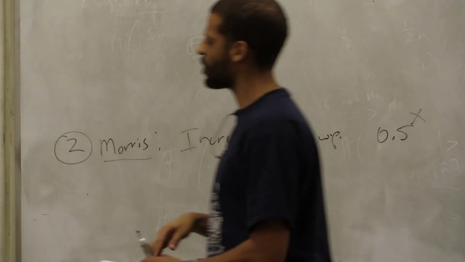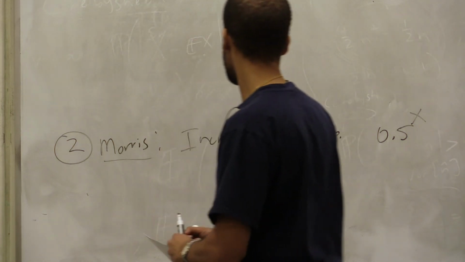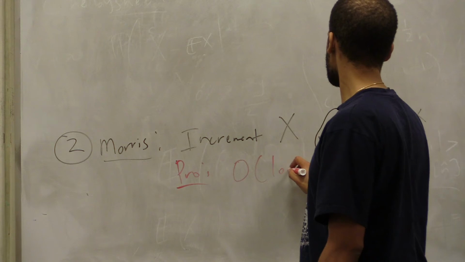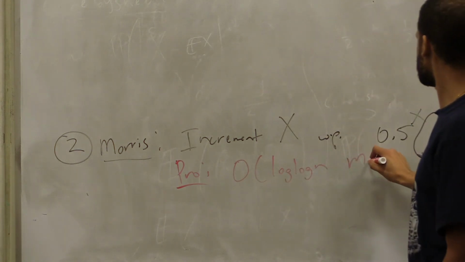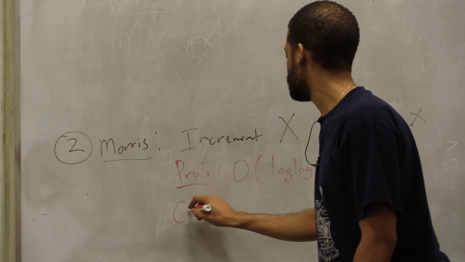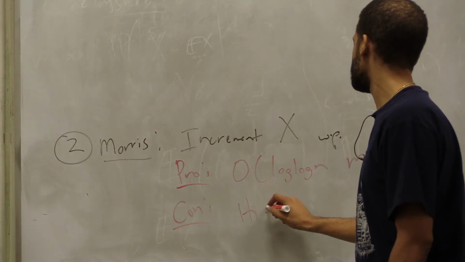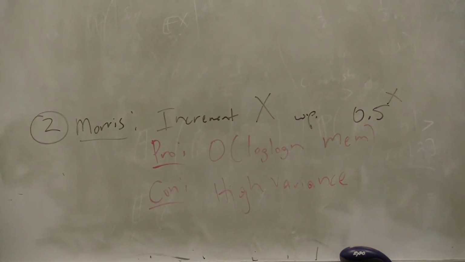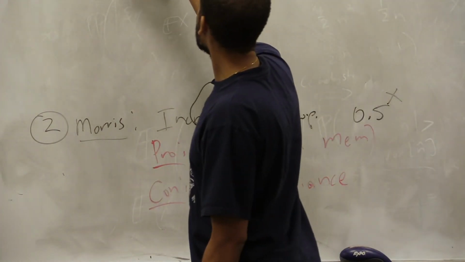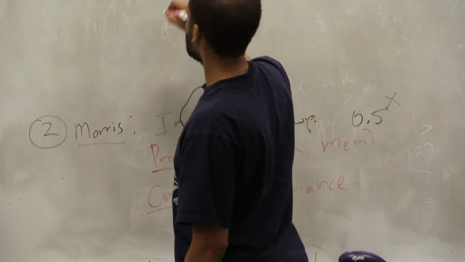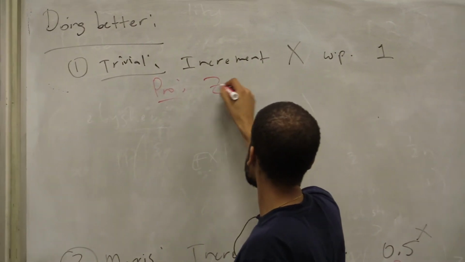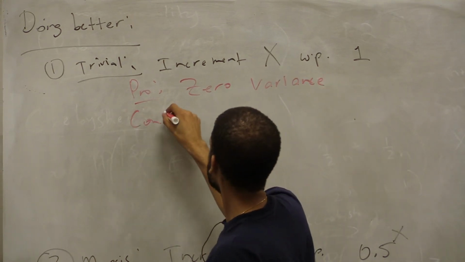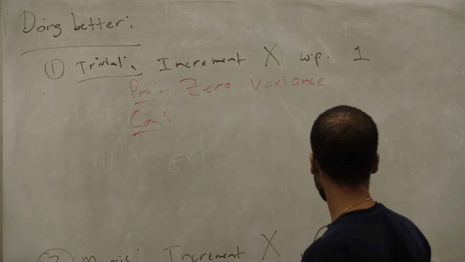What are the pros and cons of these approaches? The pro is that you only need log log n memory. The con is that you have high variance. Meanwhile here, the pro is that you have low variance. In fact, here you have 0 variance. The con is that you're actually using more memory.